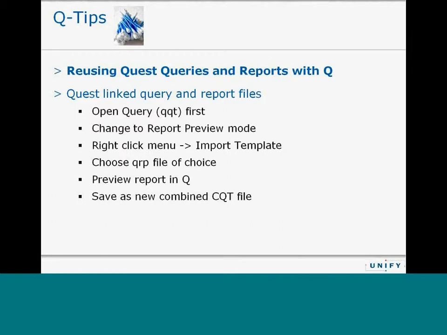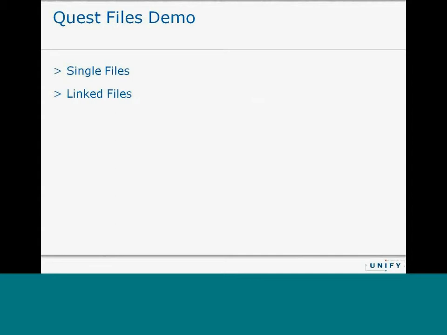Import template allows you to choose a QRP file. You choose the QRP file that is associated with the query file, preview the report in Q, save as a new combined CQT file. So that's pretty much it. A few steps that will make that very easily possible to use Quest files in Q. So let me show you that.